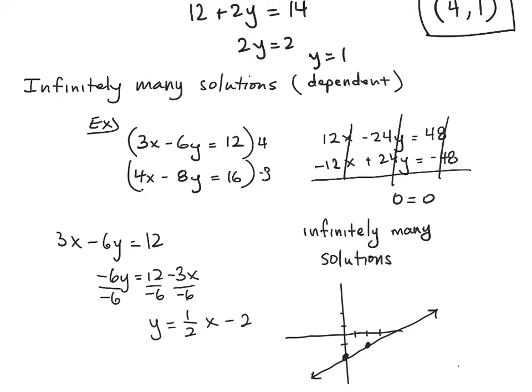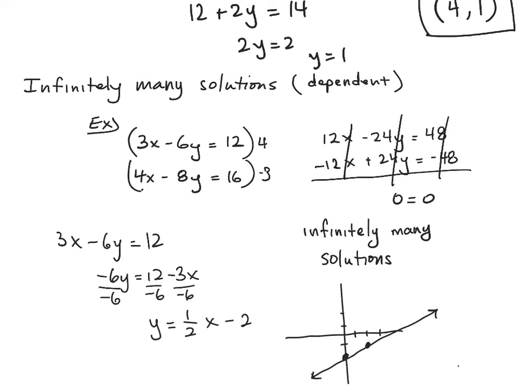So there are an infinite number of points on this line that represent solutions to this system of equations. But that's not the same as saying all real numbers are solutions. You can't just choose any random x and y values and have that be solutions to this system of equations. They have to be x and y points that lie on this line right here. And there are an infinite number of them.